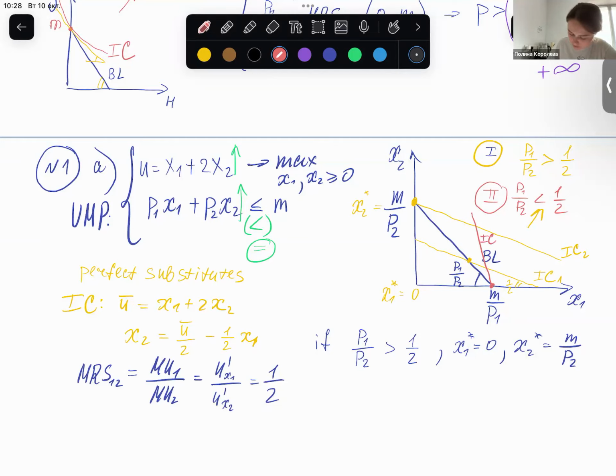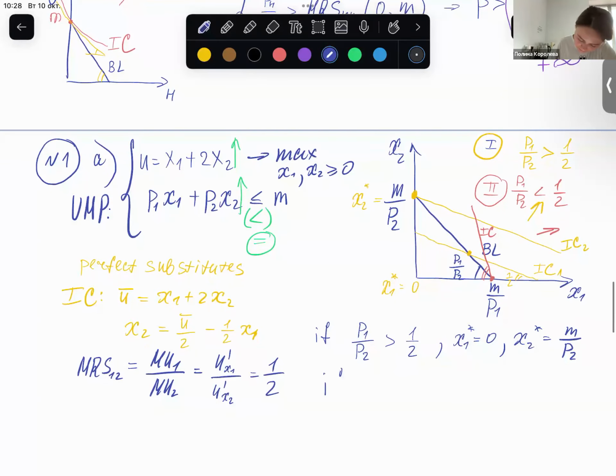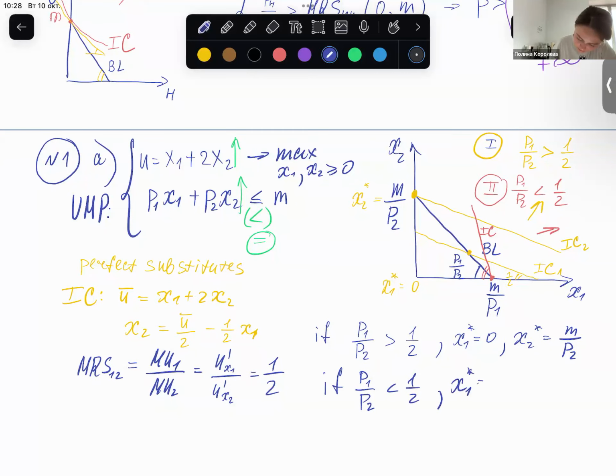This is the other situation. The direction of the utility increase is always, and let's write it down. If the price ratio is less than 1/2, then we will spend all our monetary income on the first good, and we will not consume the second good.